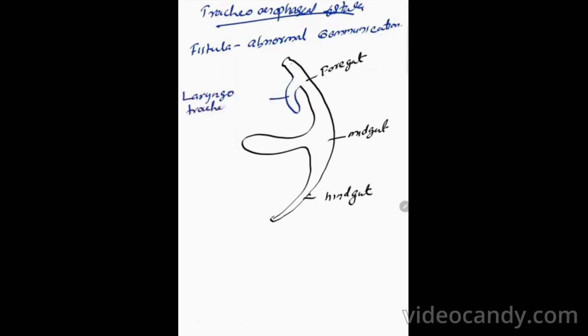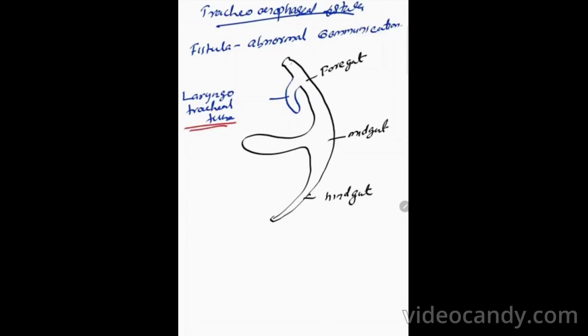From this tube there arises the larynx and trachea, and from this part the lungs will develop. Remember, this particular tube is known as the laryngotracheal tube. Now you know the position of the developing foregut and the laryngotracheal tube.